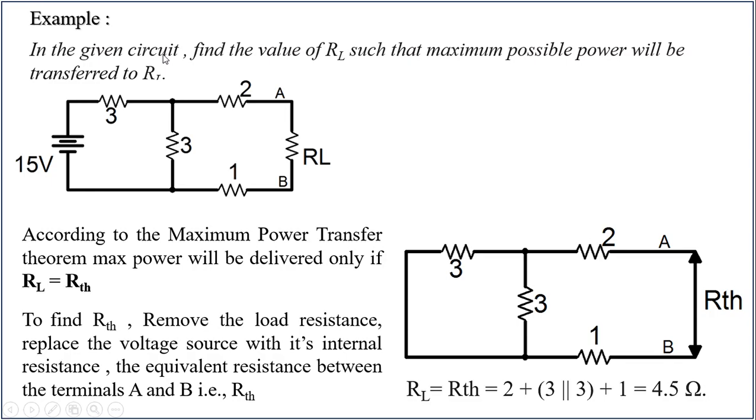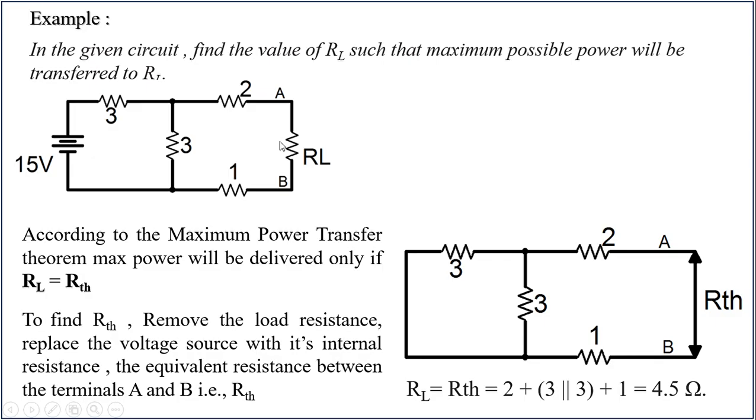In the given circuit, find the value of RL. We are going to find the value of RL such that the maximum possible power will be delivered or transferred to RL. In order to deliver maximum power to this load resistance, RL should be made equal to RTH.